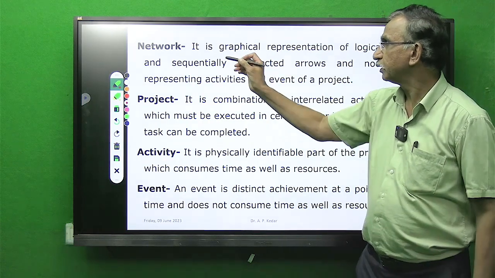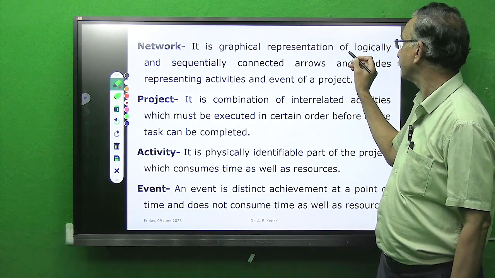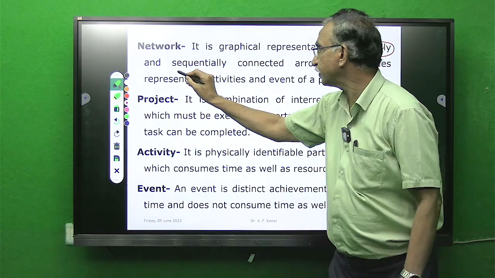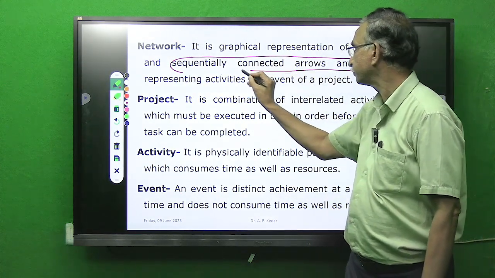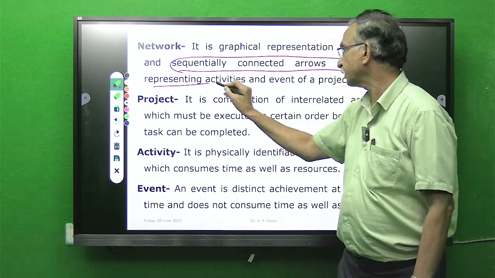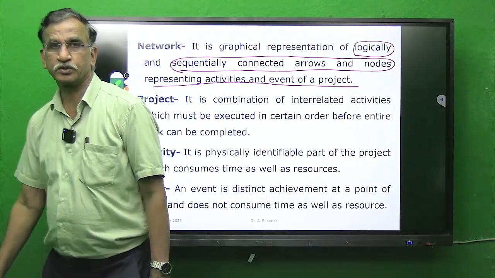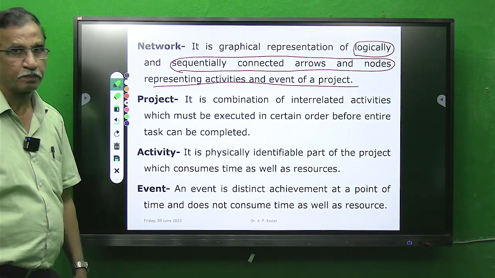So a network is a graphical representation of logically, again the word logically, and sequentially connected arrows and nodes representing activities and events of the project. This is the definition of a network.